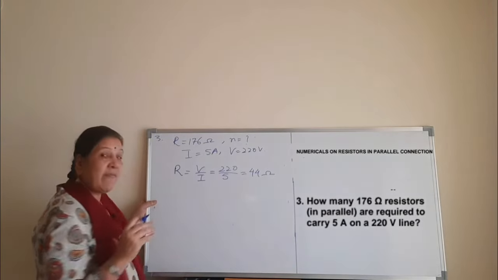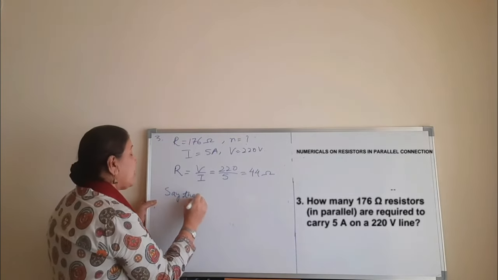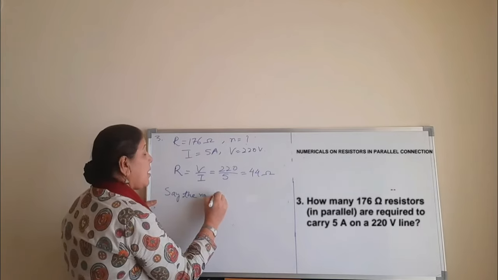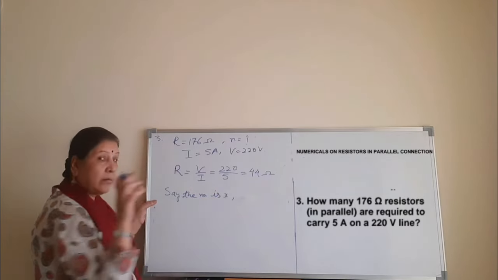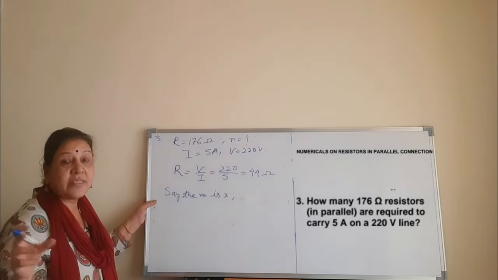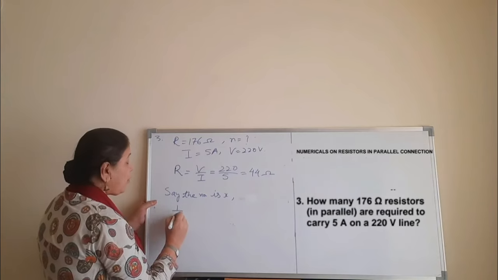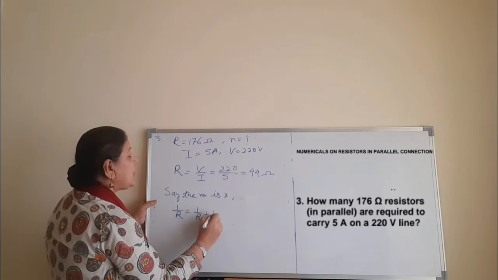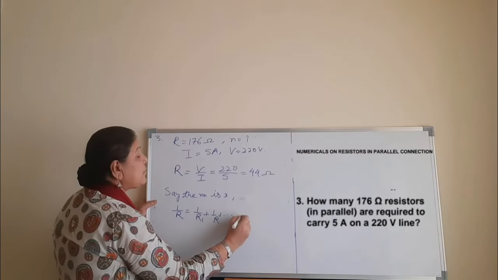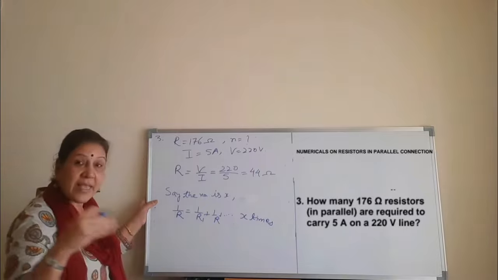Say the number is X. Means we have X resistors of 176 ohm connected in parallel. So we already know that 1 upon R is equal to 1 upon R1 plus 1 upon R2, this X times.